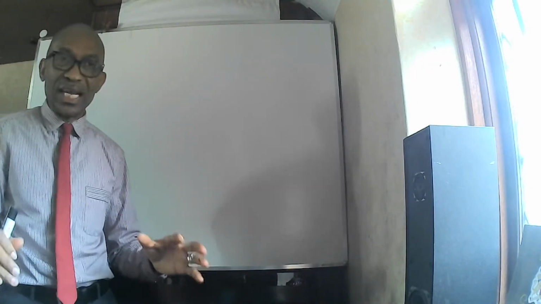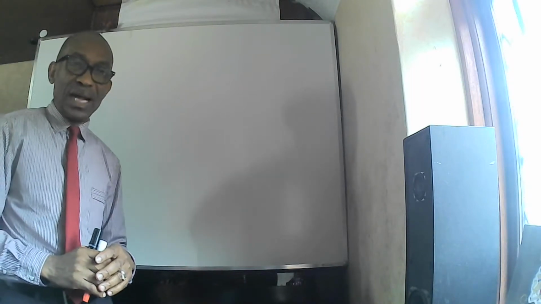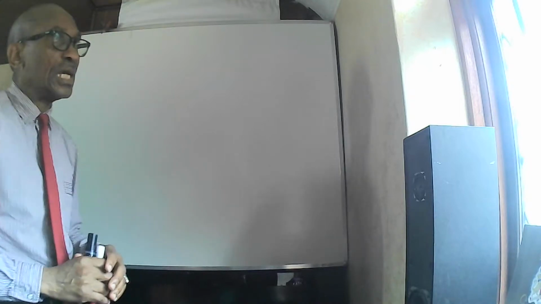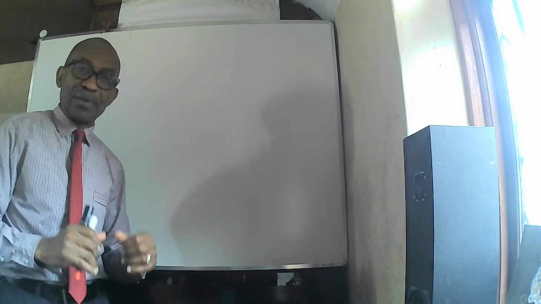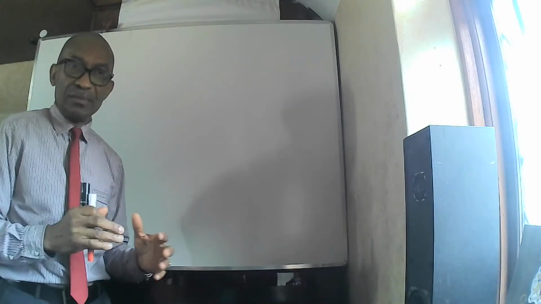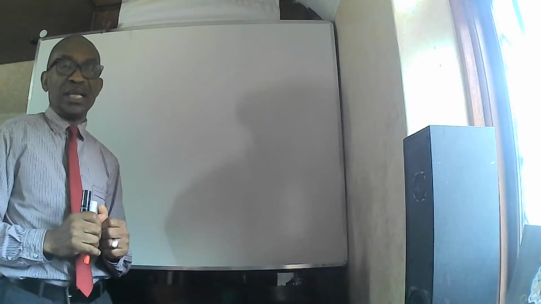In my last session, I dealt with marginal and absorption costing theoretically, and it was dealt with at length. Today, we'll be treating it practically by performing some computation to differentiate how these two systems work.